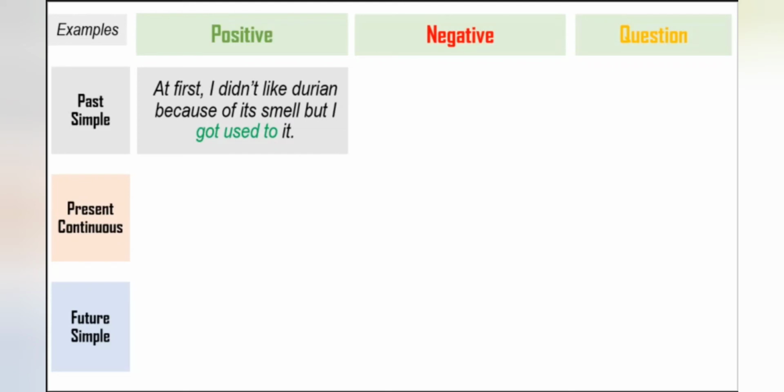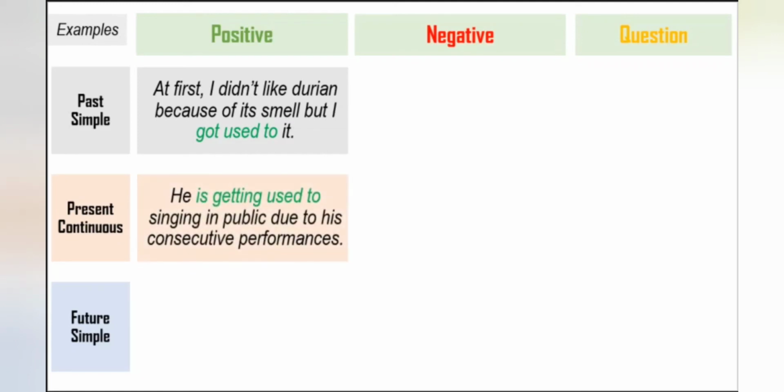Nung una, ayoko yung durian dahil sa kanyang amoy, pero nasanay na ako. He is getting used to singing in public due to his consecutive performances. So, nasasanay na siyang kumanta sa harap ng maraming tao dahil sa kanyang sunod-sunod na performance.